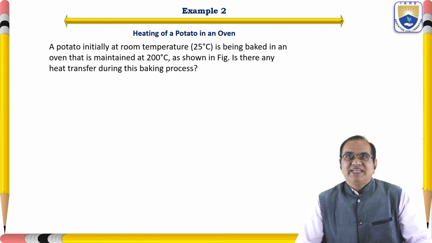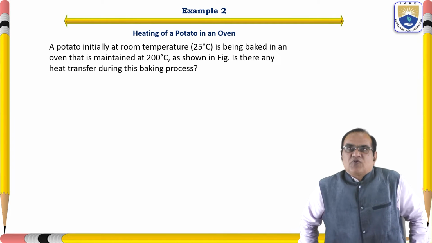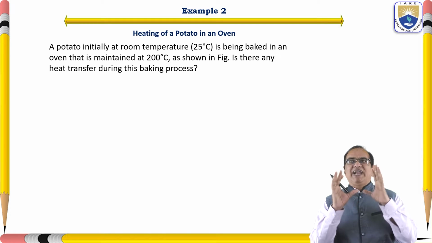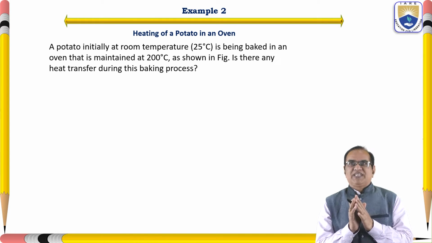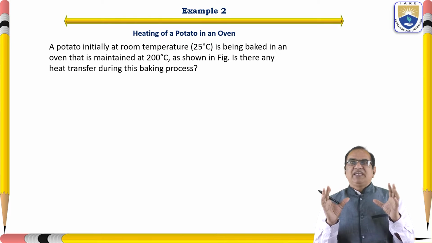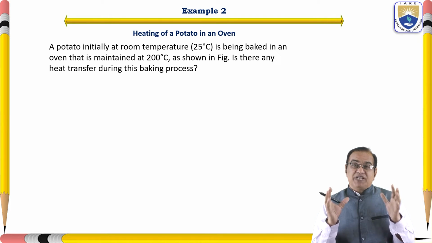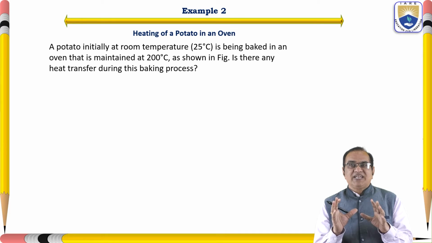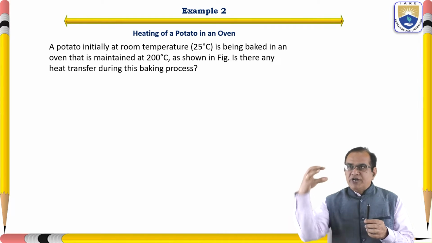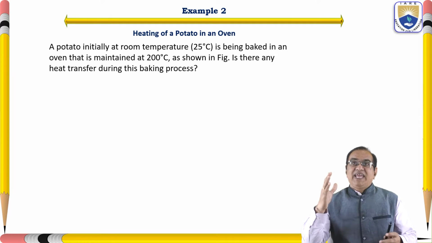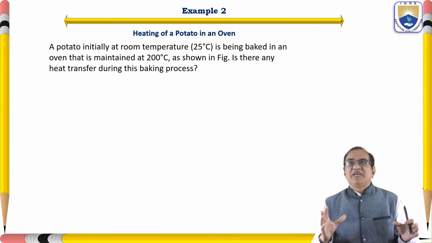Is there any heat transfer during this baking process? So the problem is, a potato initially at room temperature 25 degrees centigrade is being baked in an oven, means the temperature of the oven is 200 degrees centigrade, and we have put the potato inside the oven. Is there any heat transfer during this baking process?